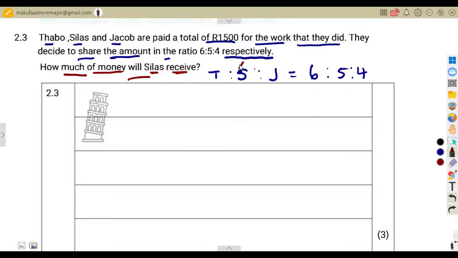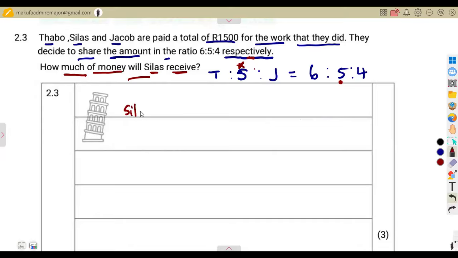So according to the ratio of Silas, his ratio is 5. Take note, Tavo is 6, Silas is 5, Jacob is 4. You take them corresponding respectively. So this is the ratio for Silas.